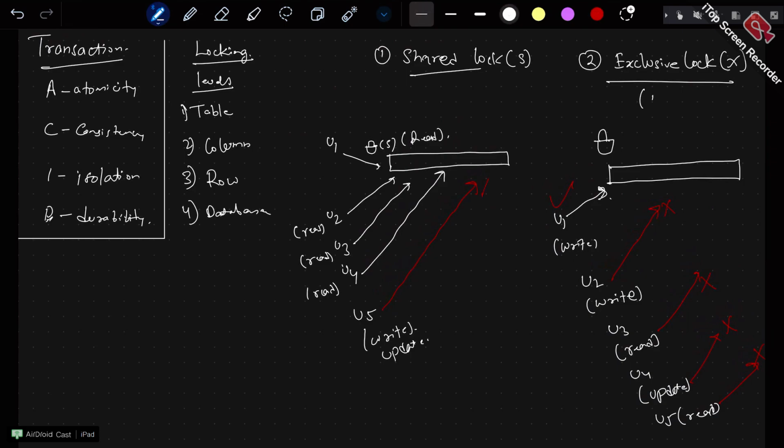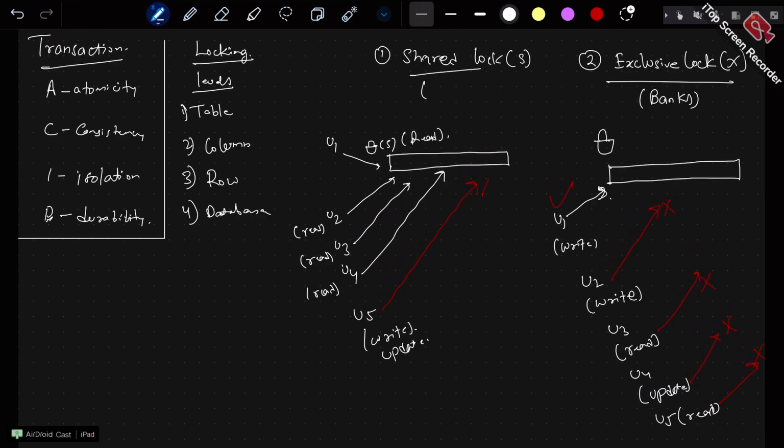Very good. You can think of, in the case of BookMyShow tickets, whenever you are not exactly making the booking, but you are checking the seat availability, for that you can use the read lock.